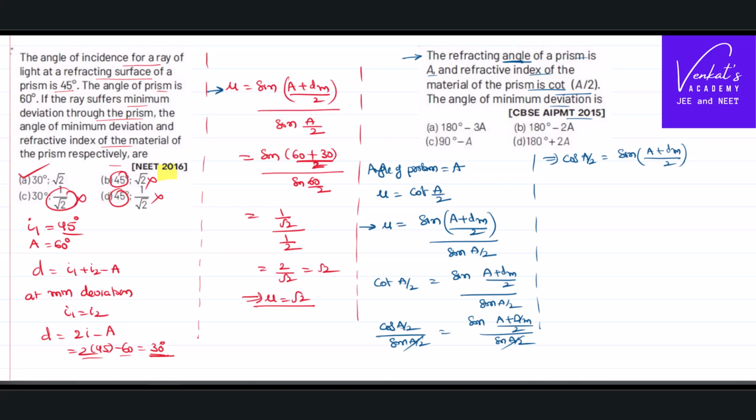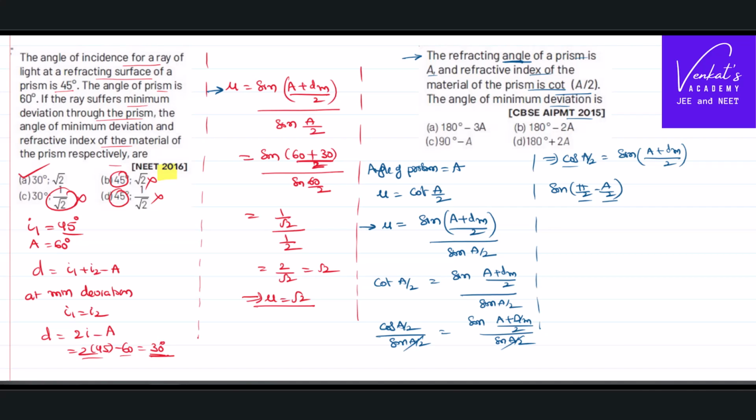Now I can write this cos A by 2 as sin of pi by 2 minus A by 2. Sin of 90 minus theta is cos theta. Whenever there is a 90 or 270, sin becomes cos. Being 90 minus means it's the first quadrant, so it becomes cos.